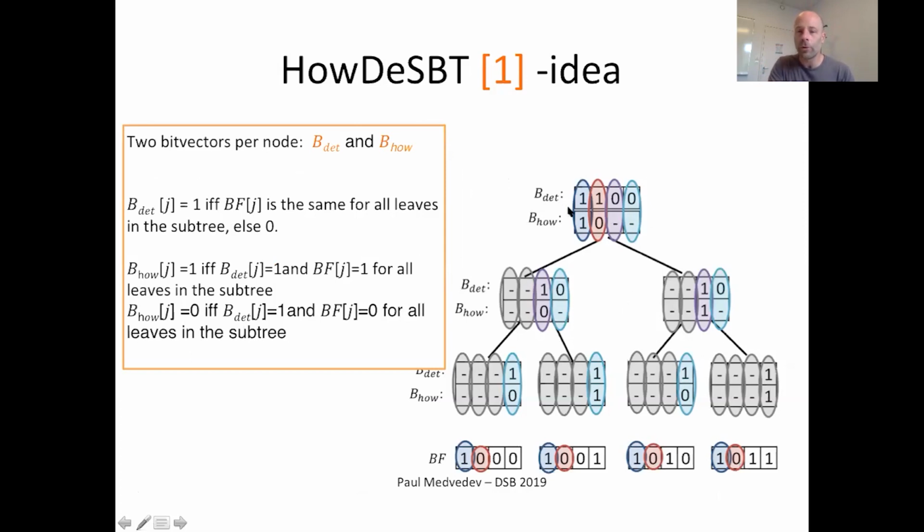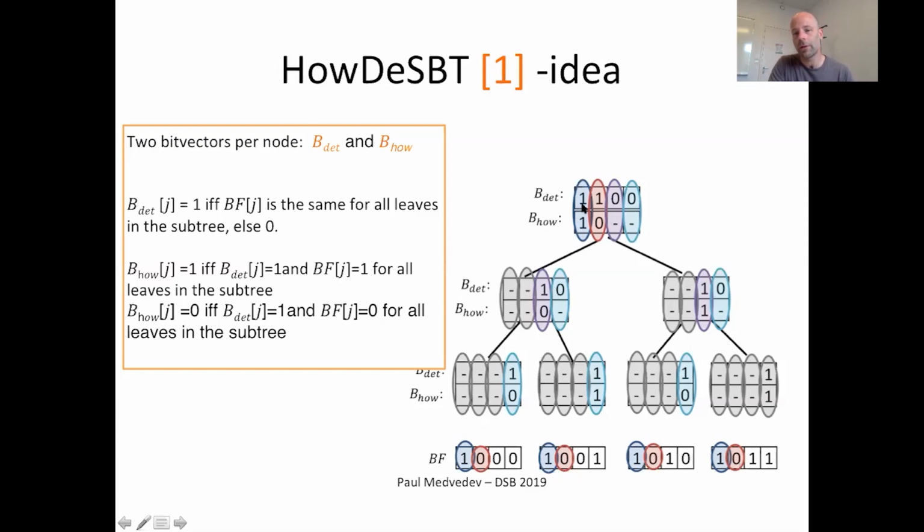Let's look at the root of the tree. And in the HowDSBT data structure, for each node, you have 2 bit vectors. One that says to you if a kmer is determined. So determined means that in all the subtree, this kmer has the same value. And if it is determined, so if you have a 1 here, it says to you how it is determined.